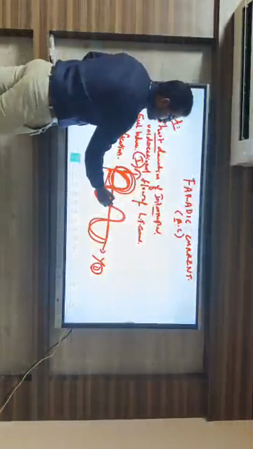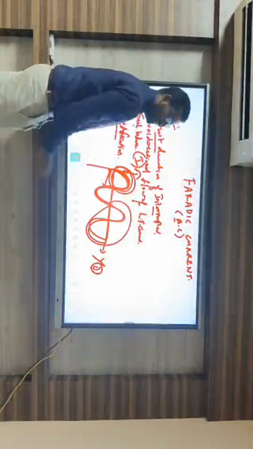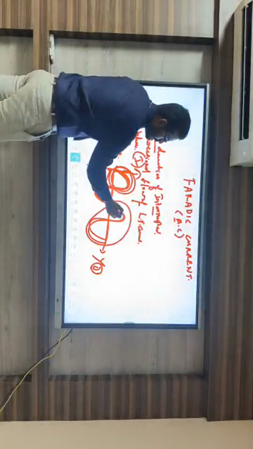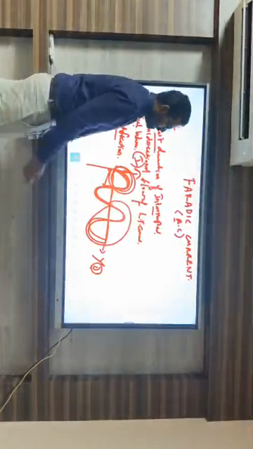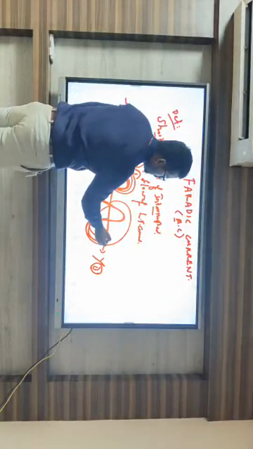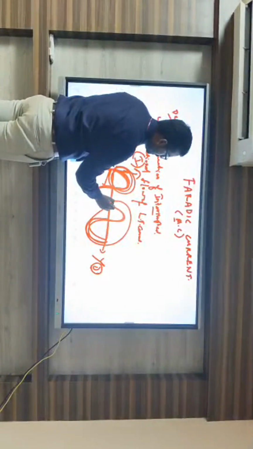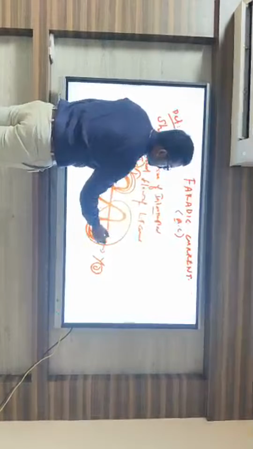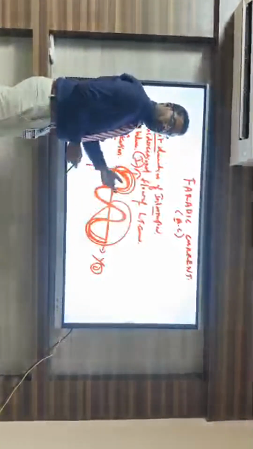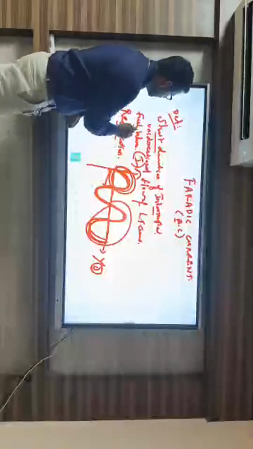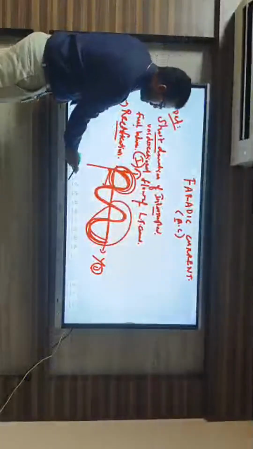So totally we have the full waveform here. This is the first wave of the rectification, and this is the second wave of the rectification. So the combination of the first half and second wave is full wave rectification. So this is about full wave rectification.